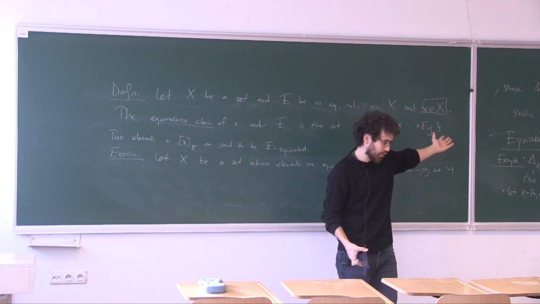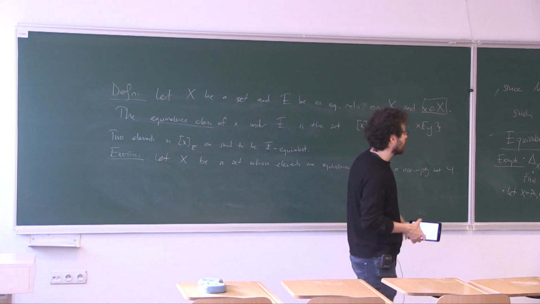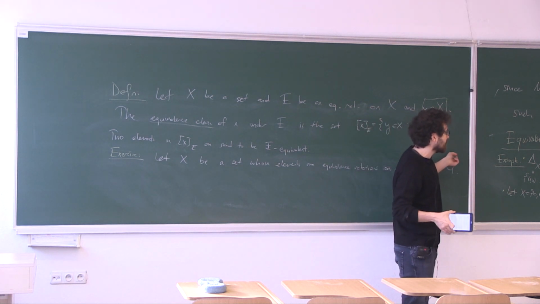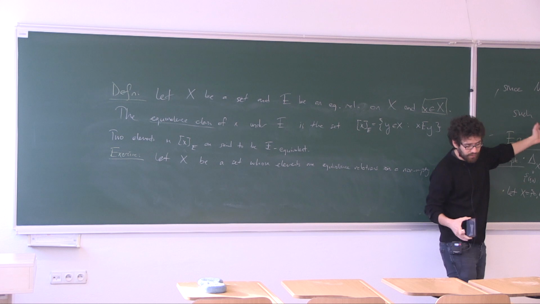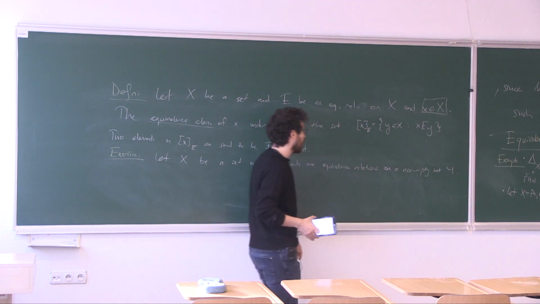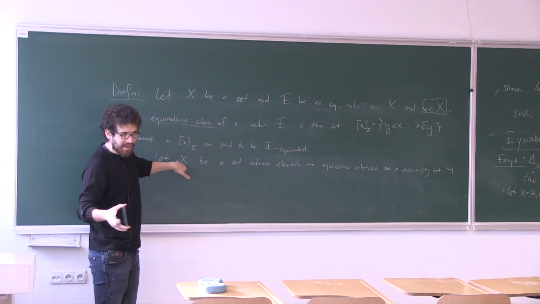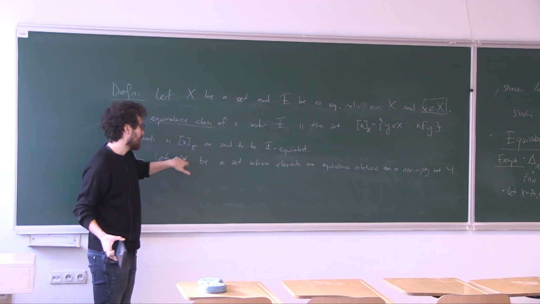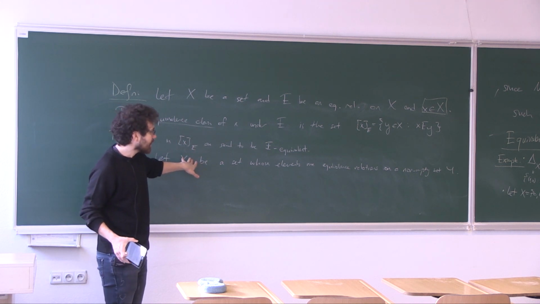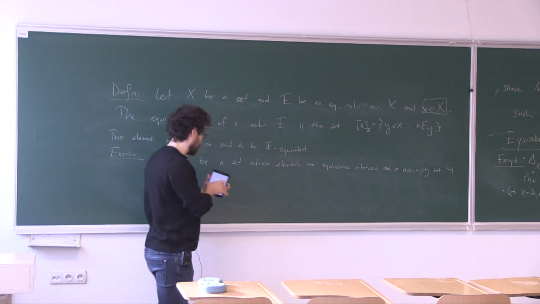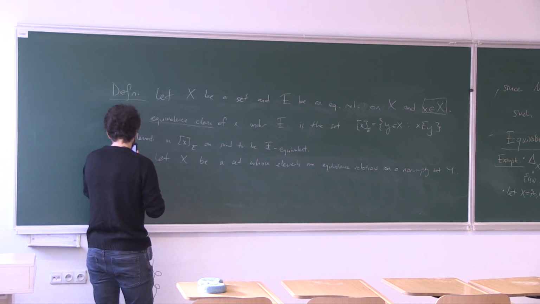I have equivalence relations on Y. Why do these exist? At worst, I have the identity relation. So there are equivalence relations on Y. I take some of them, okay? And I put them in the set X. X is a set. Its elements are equivalence relations on a non-empty set Y.